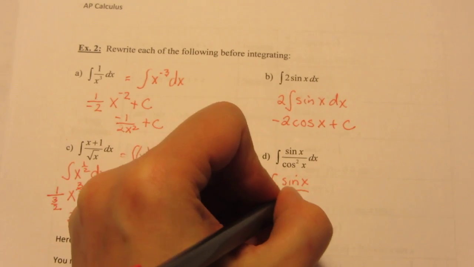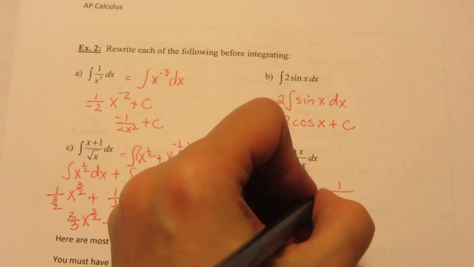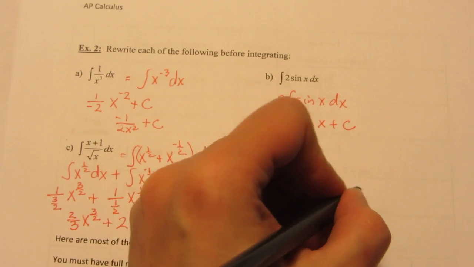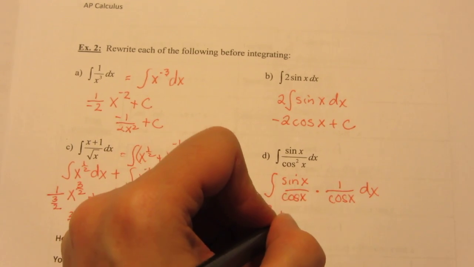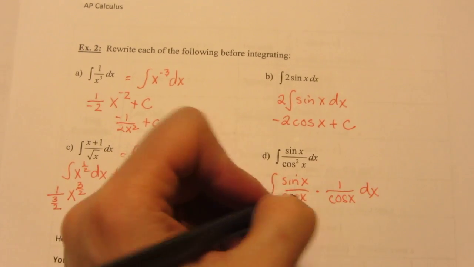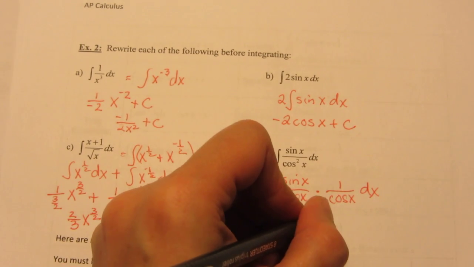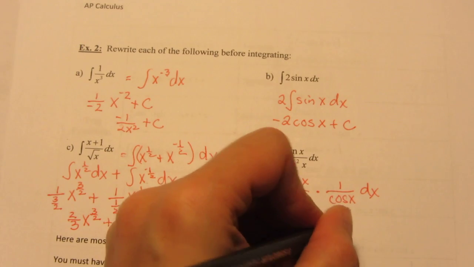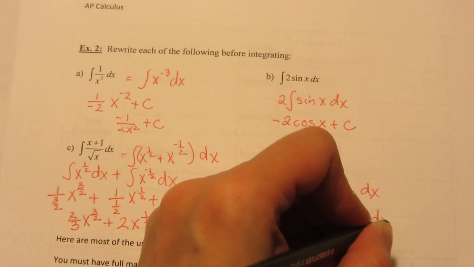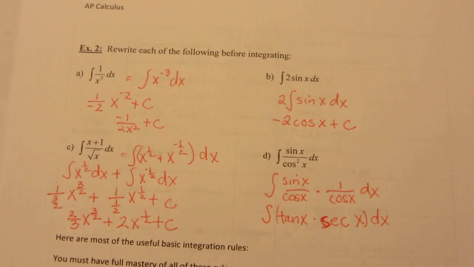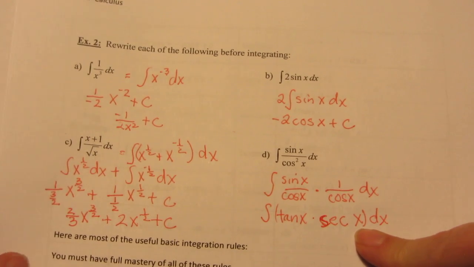And again, you don't have to rewrite all of these steps over and over again, but I'm just showing you I could rewrite it like this, dx, which then becomes tangent of x times, oh, I forgot secant, whoops, secant of x dx.